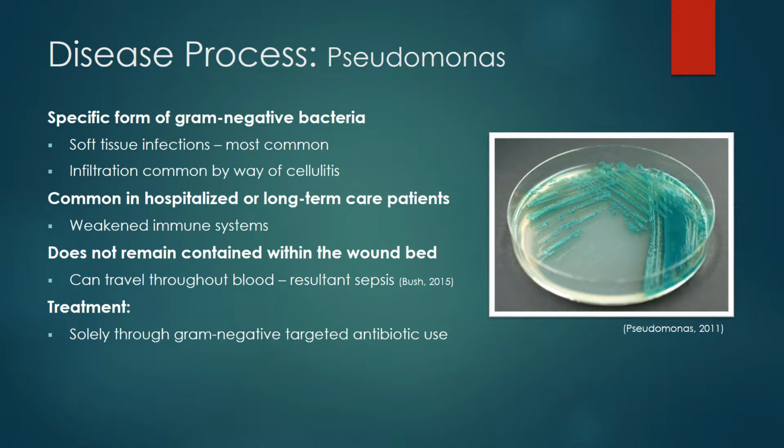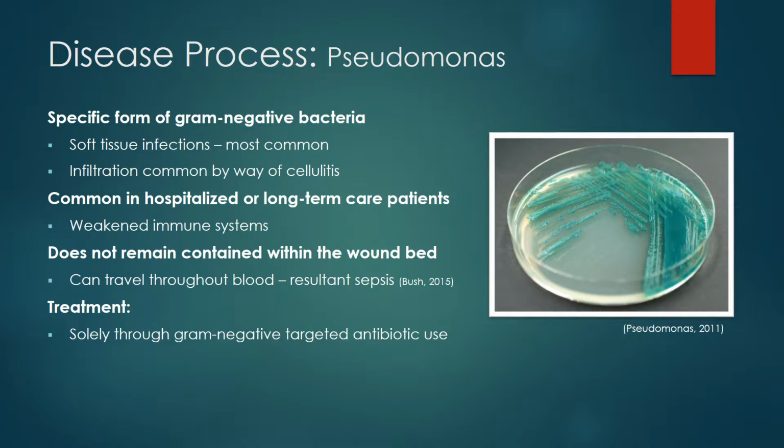So it's very common in hospitalized and long-term care patients who have weakened immune systems. So the elderly, someone who's been through some sort of cancer treatment, an HIV positive patient, any of those patients who have weakened immune systems in order to fight off bacterial infections, Pseudomonas is much more likely to result.